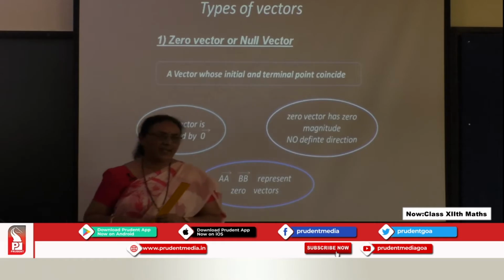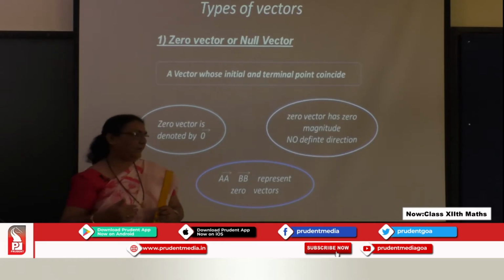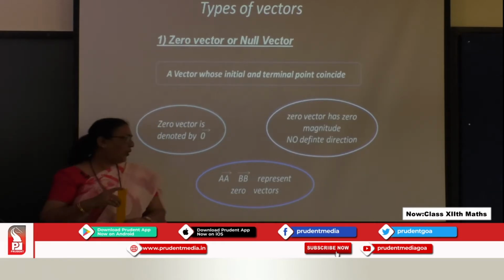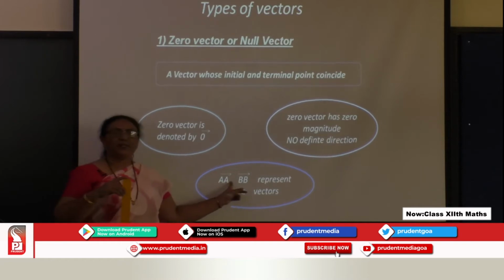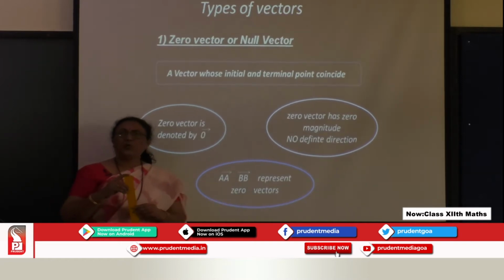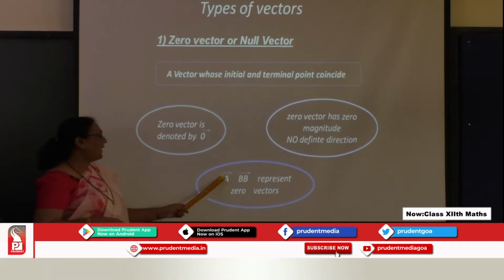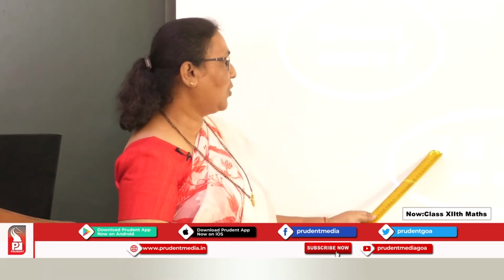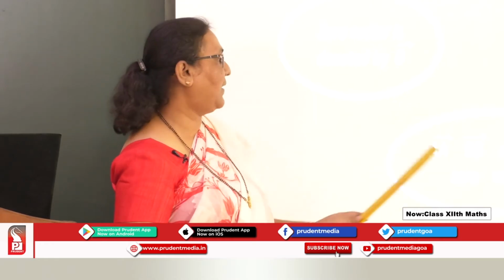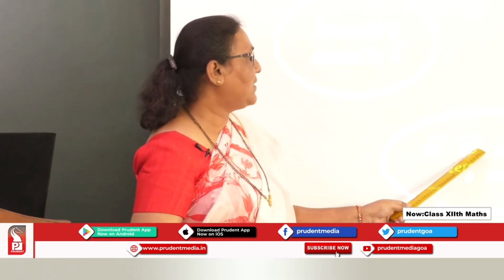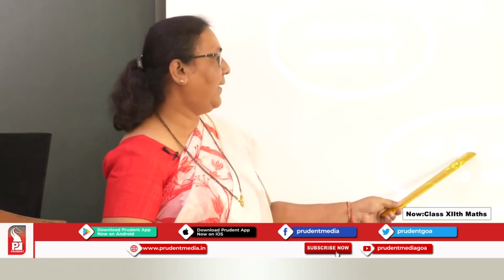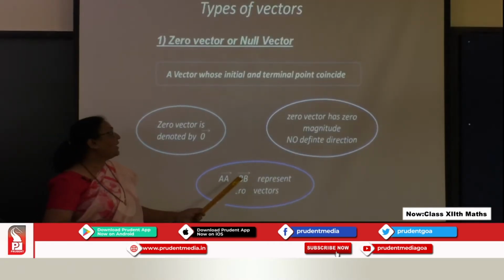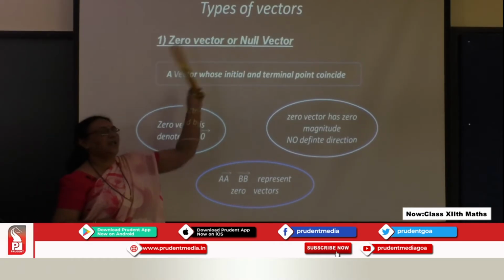If I move like this, I will get one more point B. So in point A, the initial and terminal point is A only. In the case of the zero vector, the magnitude is 0. Point B and it is B only. The starting point and the ending point both coincide. This type of vector is called a zero vector or null vector.